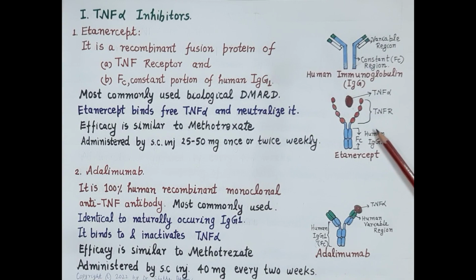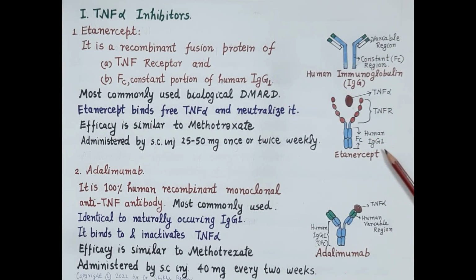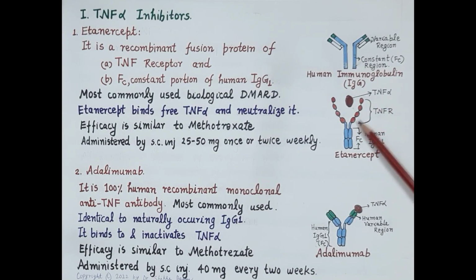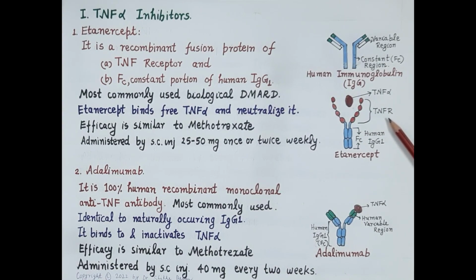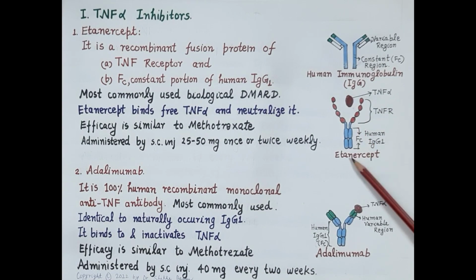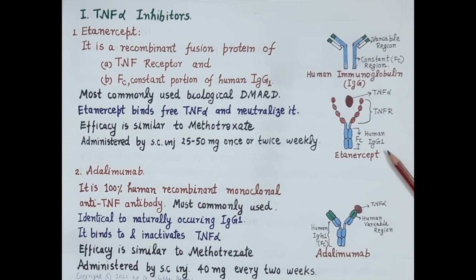Now, look at this structure of etanercept. It is a fusion recombinant protein. This structure in red is the tumor necrotic factor receptor, and this region in blue is the constant fraction of human IgG.